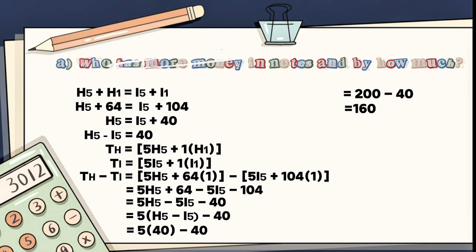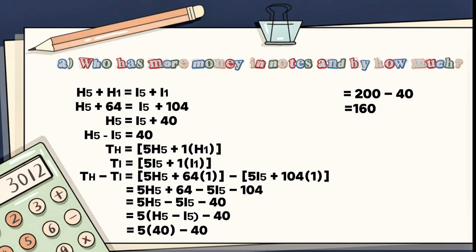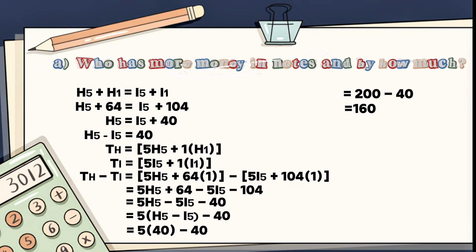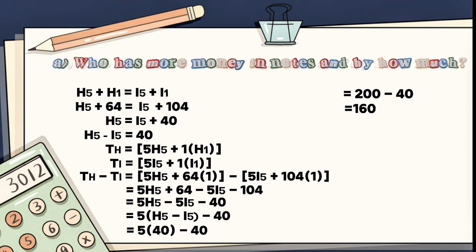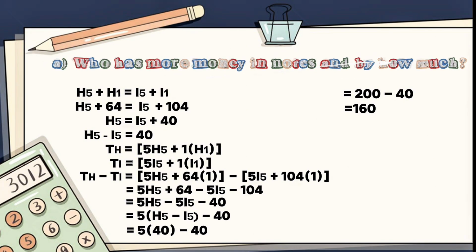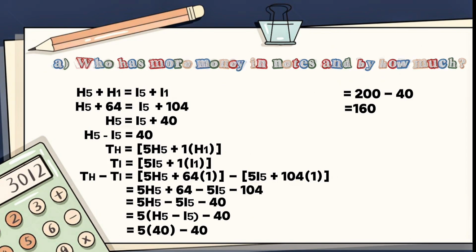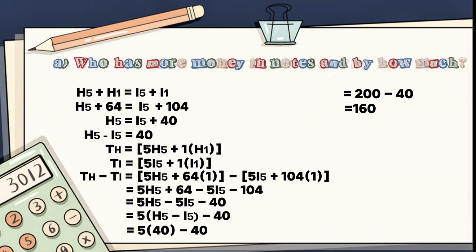Substituting these values, H5 plus 64 equals I5 plus 104. Next, we rearrange the equation to isolate H5: H5 equals I5 plus 40. This shows that Halim has 40 more RM5 notes than Ina.